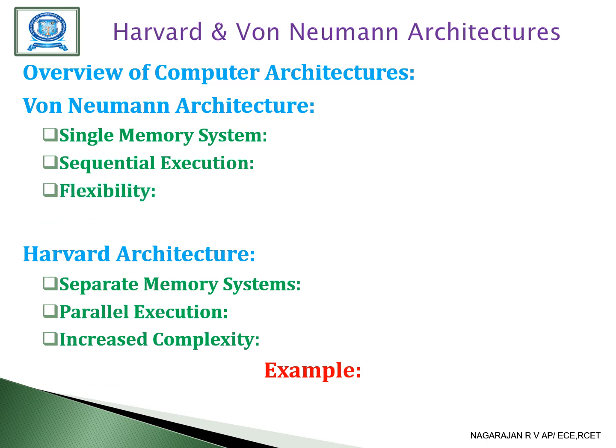Flexibility: the shared memory model allows dynamic allocation, where the same memory location can be used for both code and data, providing flexibility in memory usage. The architecture is widely used in systems where resource optimization and cost are critical factors.